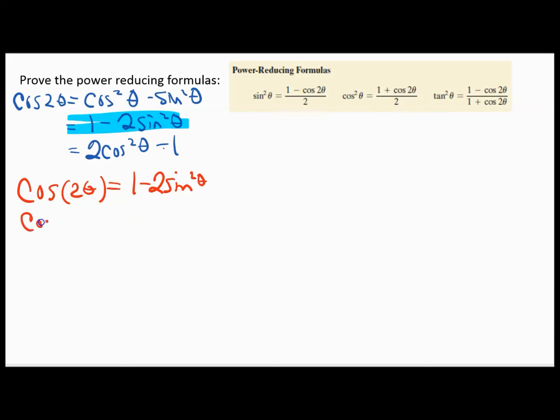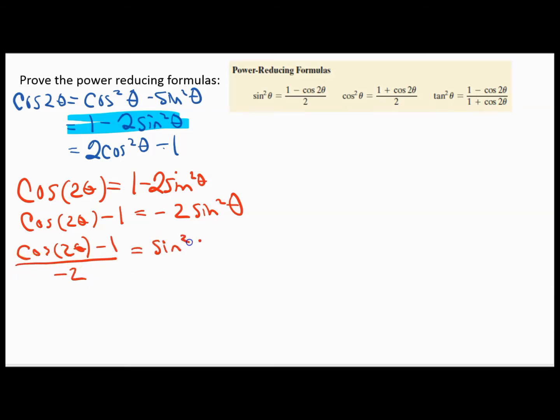So I have cosine of 2 theta minus 1 is equal to negative 2 sine squared of theta. Now remember the goal is to solve for sine squared of theta. So the next thing I'm going to do is divide both sides by negative 2. That gives me cosine of 2 theta minus 1 divided by negative 2 is sine squared of theta.